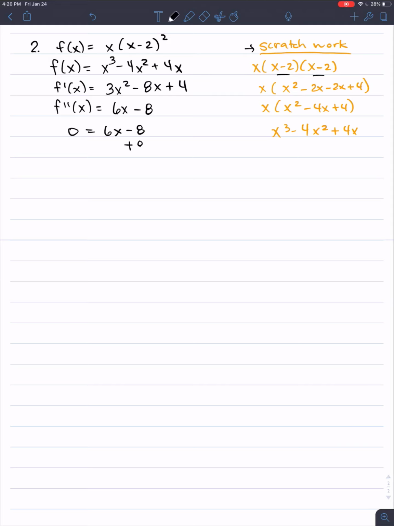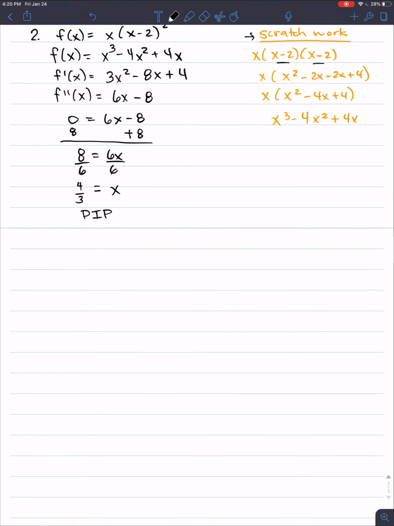So here we could just add 8 to both sides, and 8 is equal to 6x, divide both sides by 6, and reduce to 4/3 there. And this is a possible inflection point. So we'll just say PIP. So that's the x value of it.